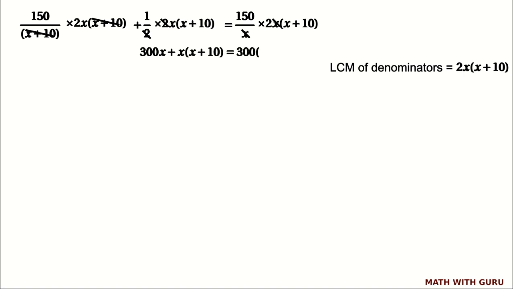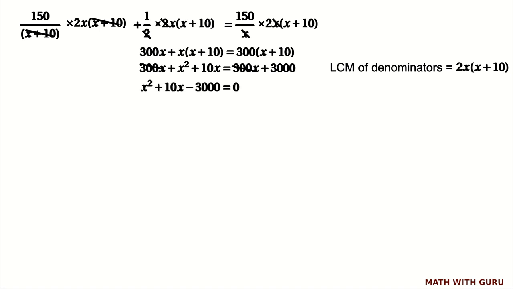What remains? 300x plus x into x plus 10 equals 300 into x plus 10. Let us simplify this. 300x plus x squared plus 10x equals 300x plus 3000. 300x get cancelled. It is on both sides. x squared plus 10x minus 3000 equals 0.